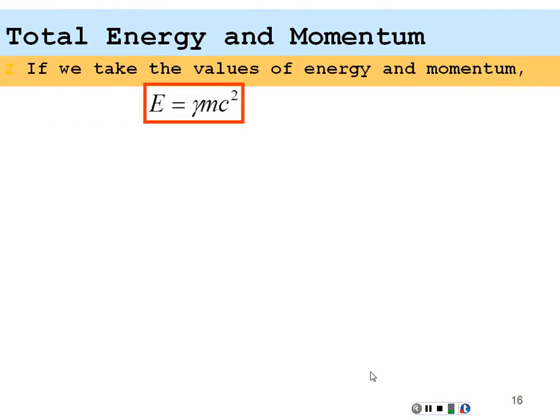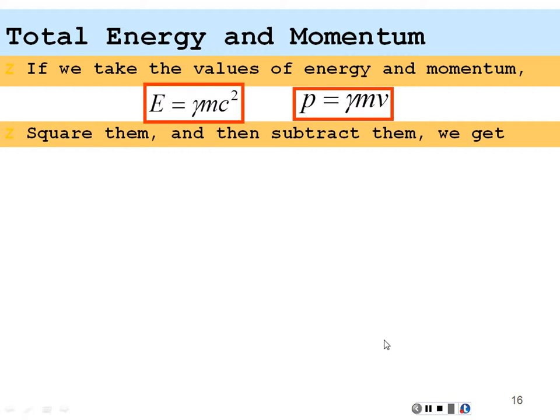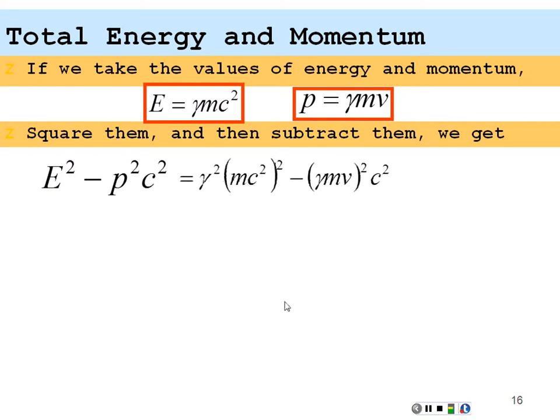If we take the values of energy and momentum, square them and subtract them, multiplying the momentum by c squared, we have E squared minus momentum squared c squared. What do we get? Just for grins. We have gamma squared mc squared squared for our total energy squared, minus gamma mv squared times c squared.